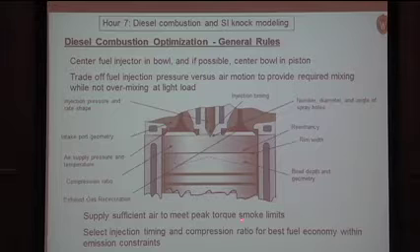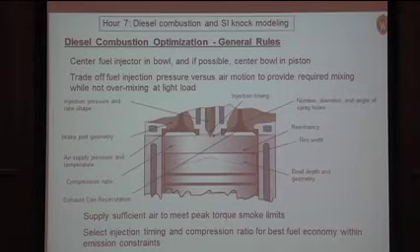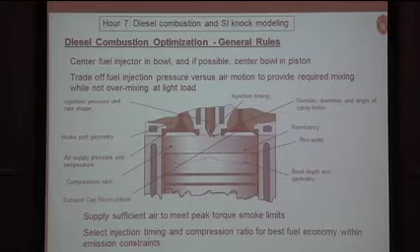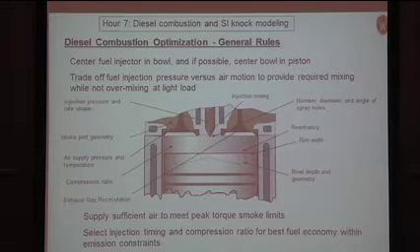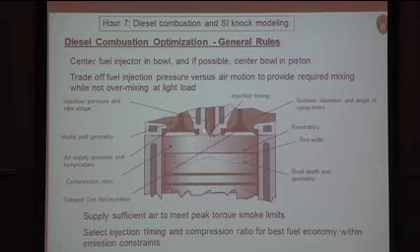You want to supply the air, as we mentioned, sufficient to have enough oxygen available to prevent smoke at high load. Some of the parameters that you're interested in would be how do you inject that fuel, what is the rate with which the fuel is injected, the intake geometry that a light-duty engine, for example, might favor the production of swirl.